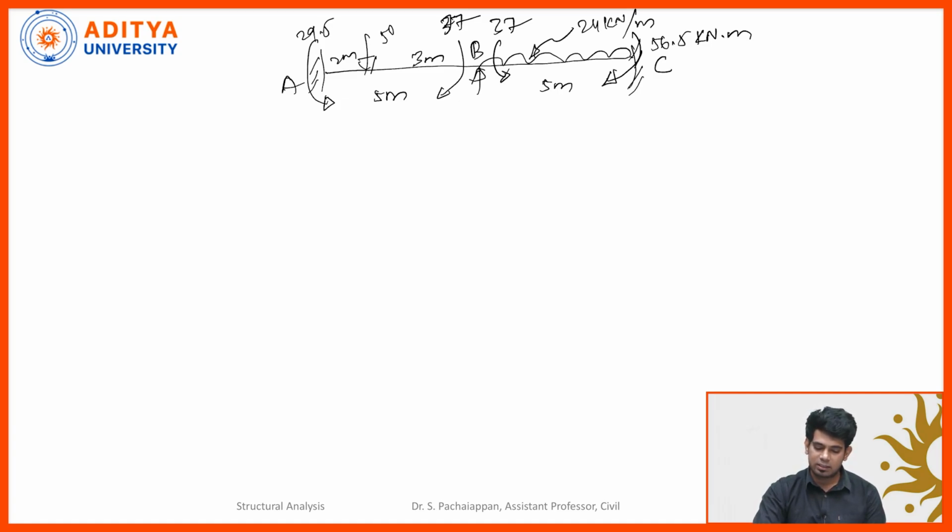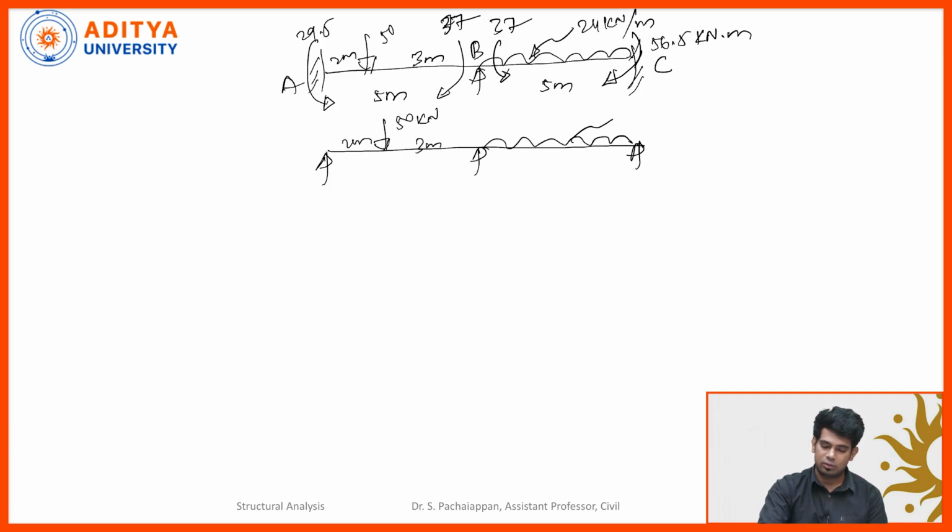If I consider the beams as simply supported, then the beam is going to be like this. 50 kilonewton, 2 meters, 3 meters, throughout the span a UDL of 24 kilonewton per meter.